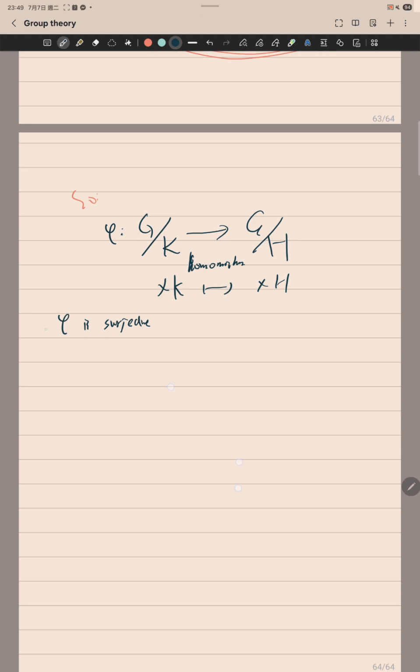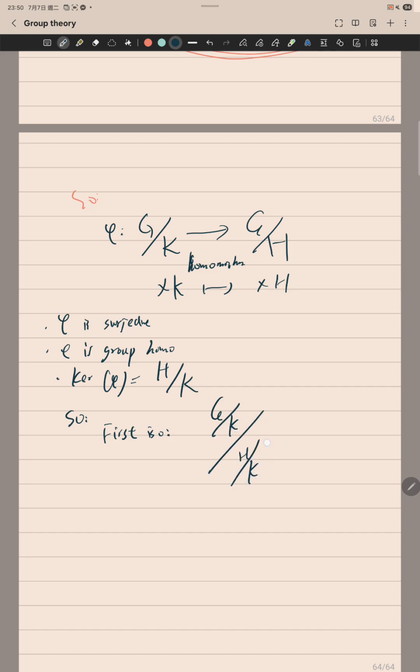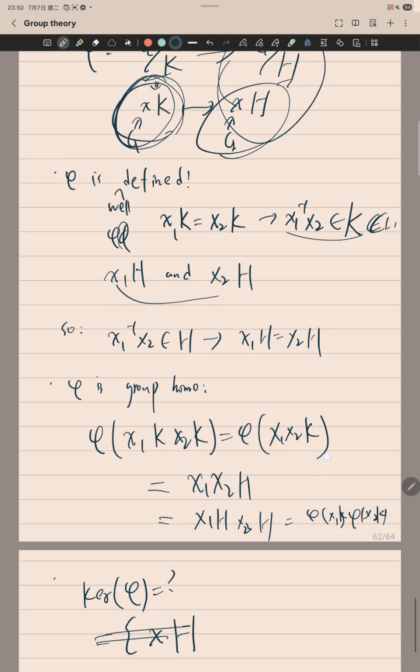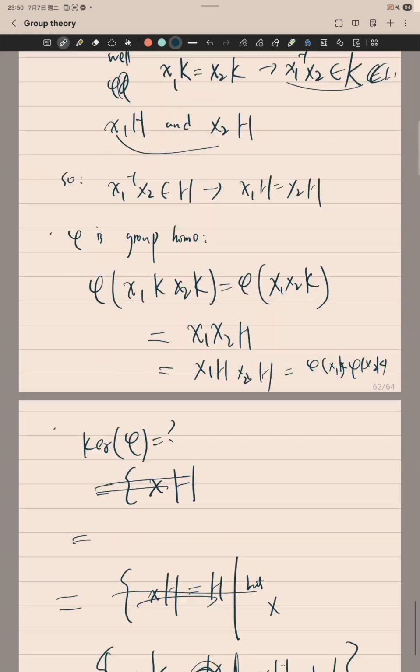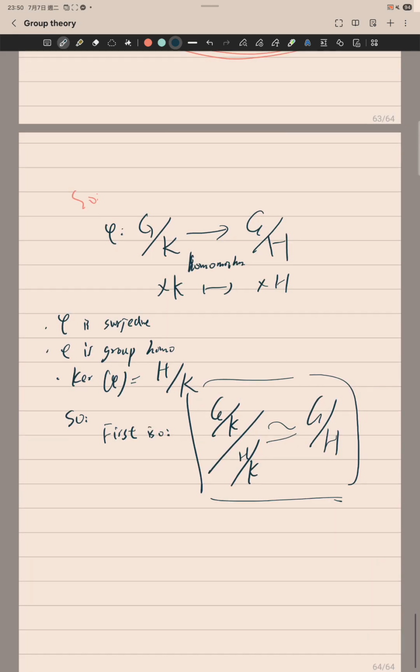So phi is surjective and a group homomorphism, and the kernel is H quotient K. So by the first isomorphism theorem, G quotient K, quotient the kernel H quotient K, is isomorphic to G quotient H. This is the proof of the third isomorphism theorem. In the next video we're going to prove the second isomorphism theorem, which becomes somewhat complicated, but still manageable.